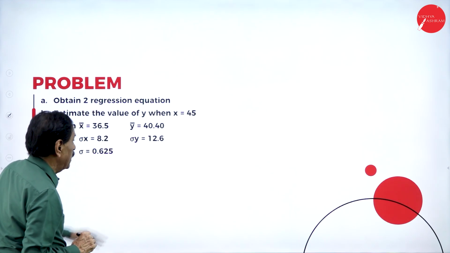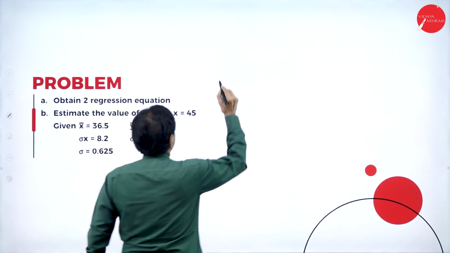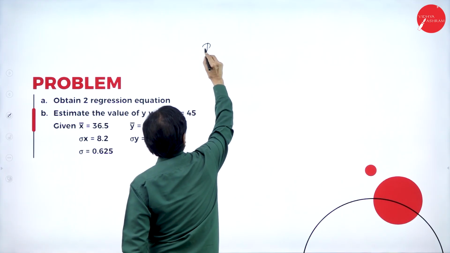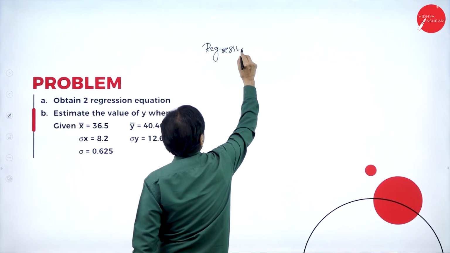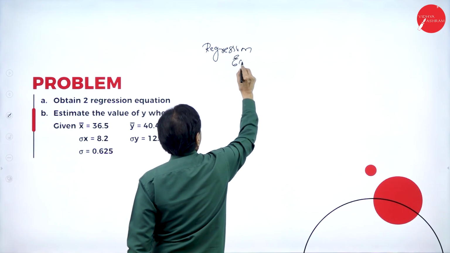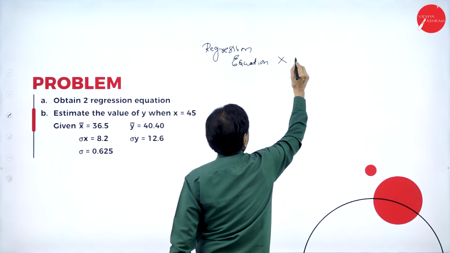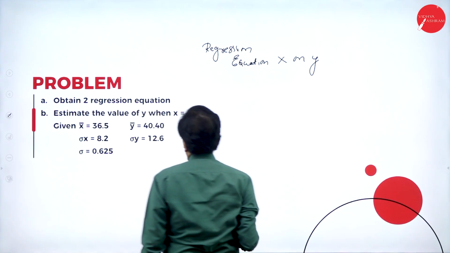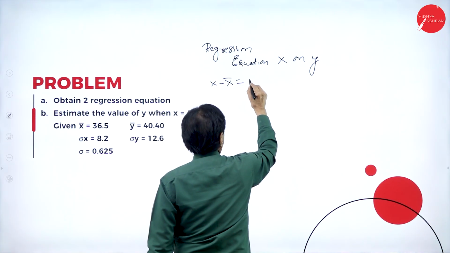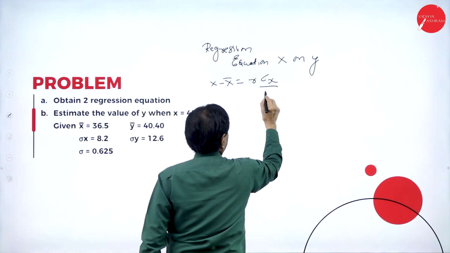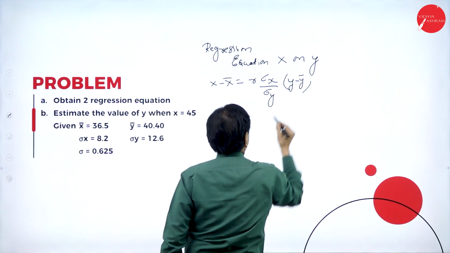Estimate the value of y when x is 45. The means are given. Regression equation x on y. The formula is x minus x mean equals r into standard deviation x divided by standard deviation y into y minus y mean.